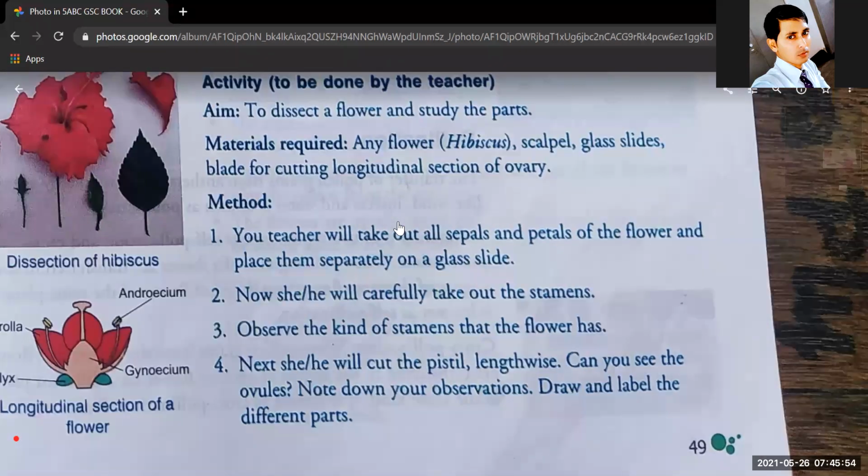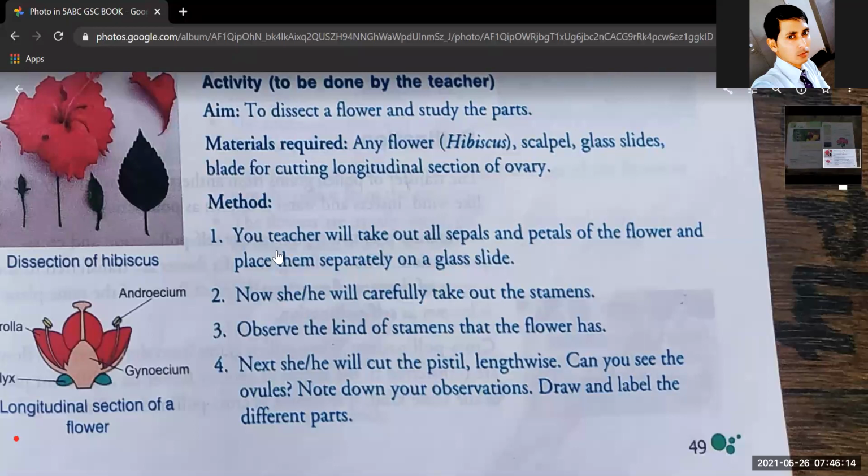What kind of materials do we want for this? Materials: any flower. You can take any flower, whether it is marigold, rose, hibiscus. Then scalpel, glass slides, and blade for cutting a longitudinal section of ovary. What is the method?